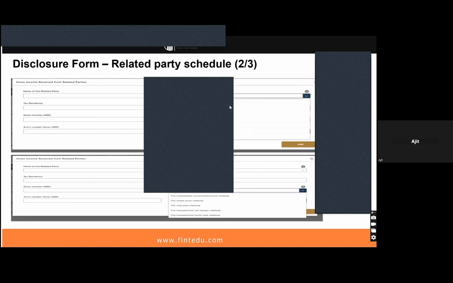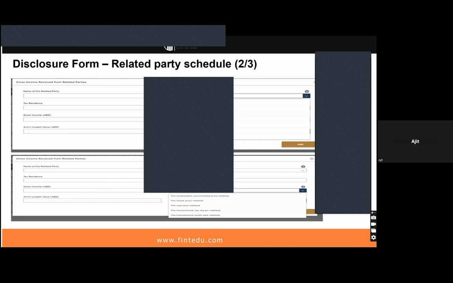So going to the other method not covered, yes, it is not covered. We'll get clarity. Whether master file and local file are to be attached even if turnover is below 200 million: no, not required to be attached. There's a section where you can give the reason that master file and local file are not required. One needs to see not only this 200 million threshold, but also the overall consolidated group revenue of 3.15 billion.